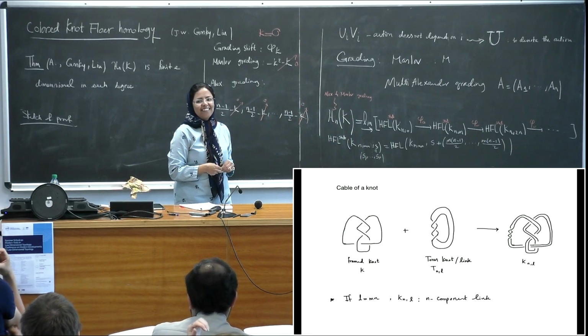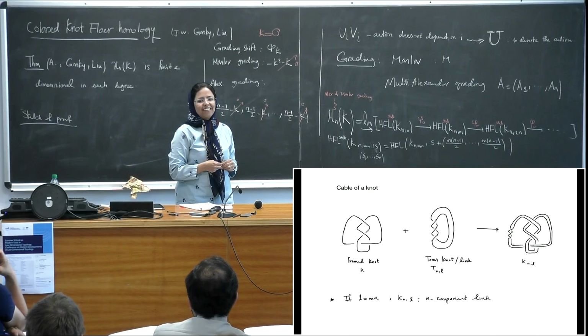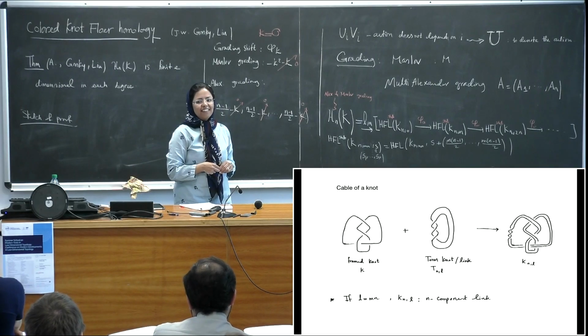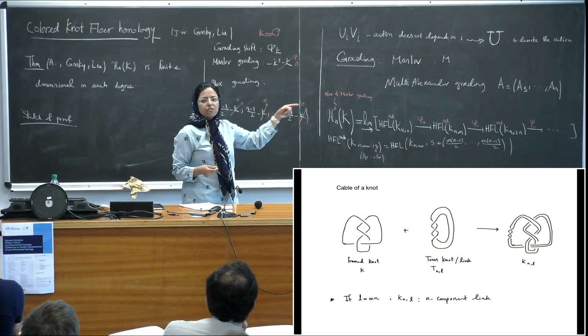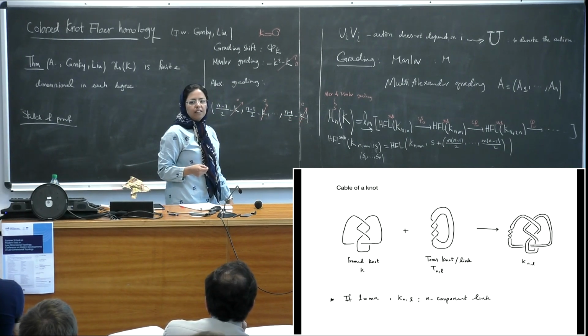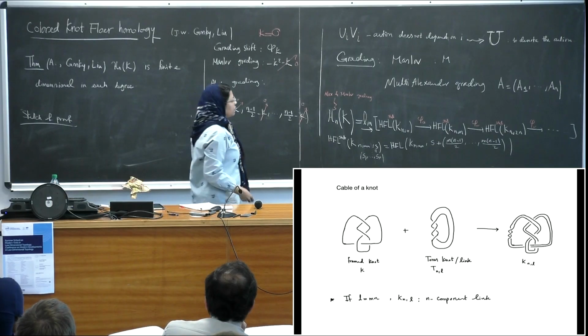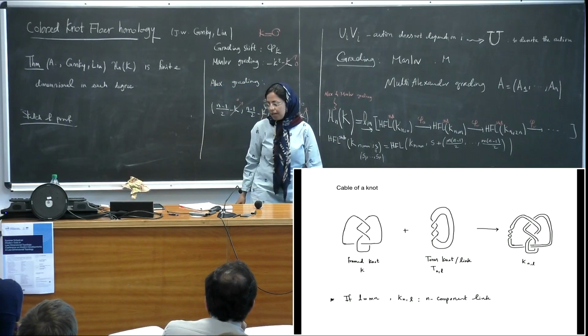And then in the end, the thing is supported in Maslov grading, is it maybe arbitrarily positive or arbitrarily negative? The Maslov degree stays fixed, right? Powers get high.